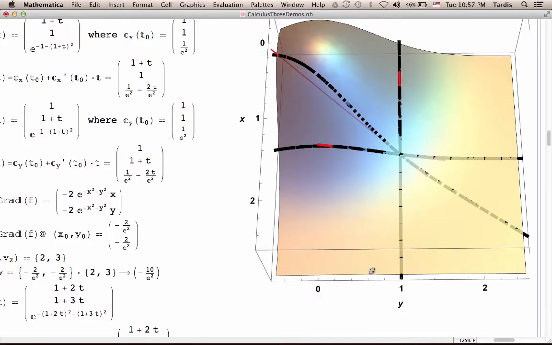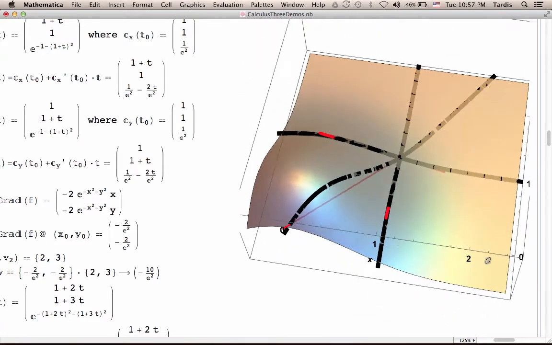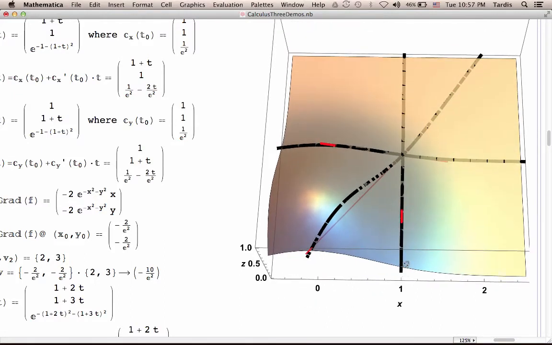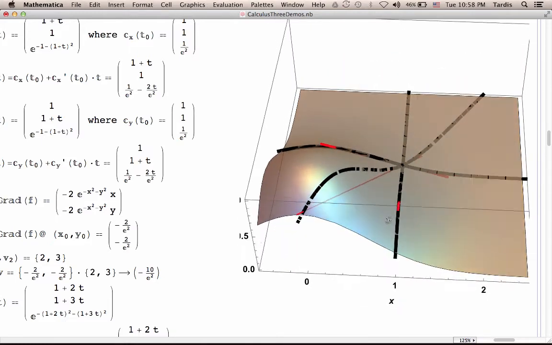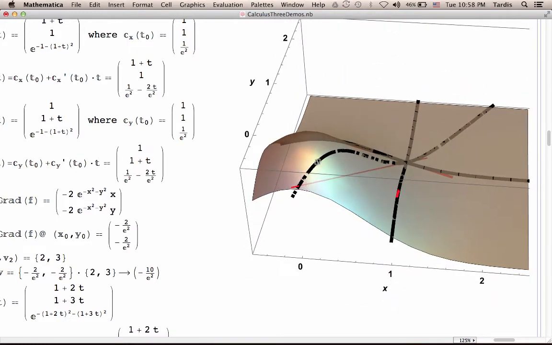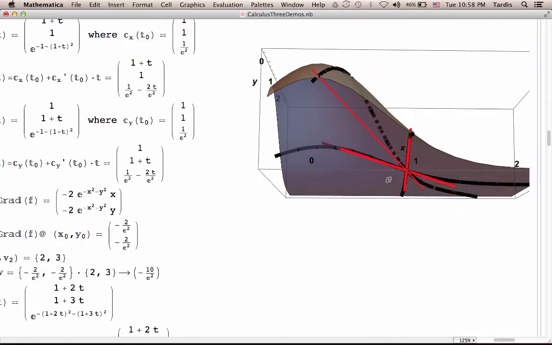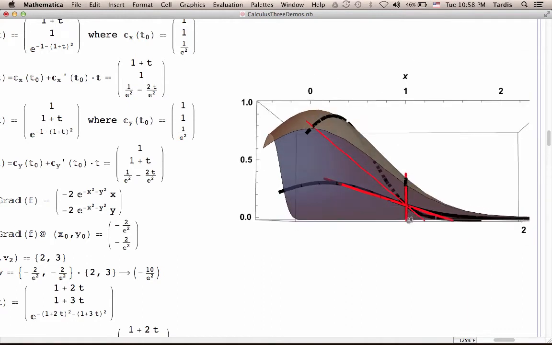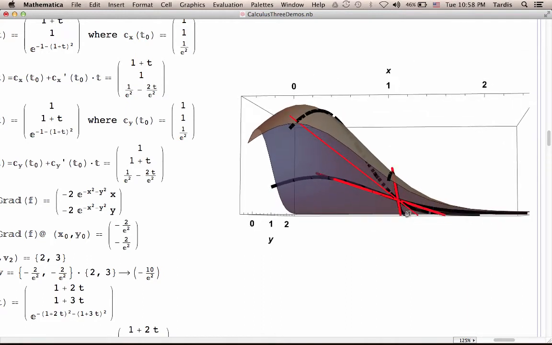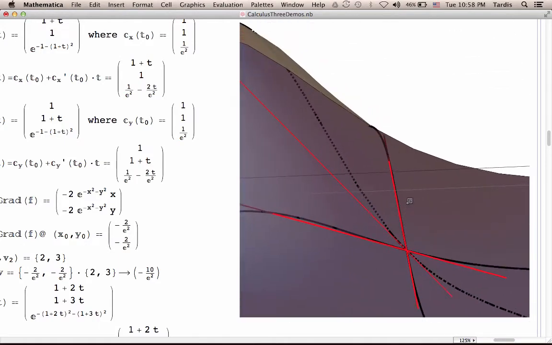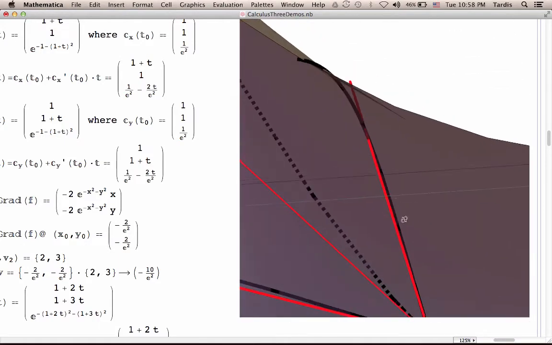This is the x-axis. Here's our point, and here's our direction (2, 3). The black dotted line is your curve r of t, and this line here is the tangent line to that curve at that point. And you can see that if you zoomed in, it does actually look like it's the tangent line.